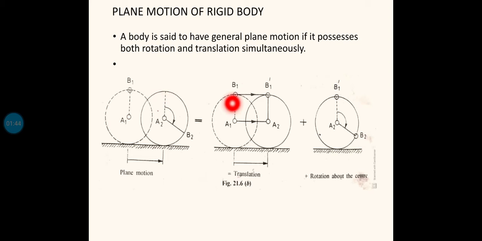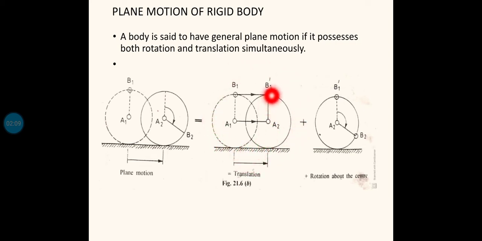So B1 has traversed the same distance as A1 did. So the entire motion shown in this figure is the example for translatory motion. See, each particle is moving a particular distance, and the distance moved is the same. That is the peculiarity of the translatory motion.